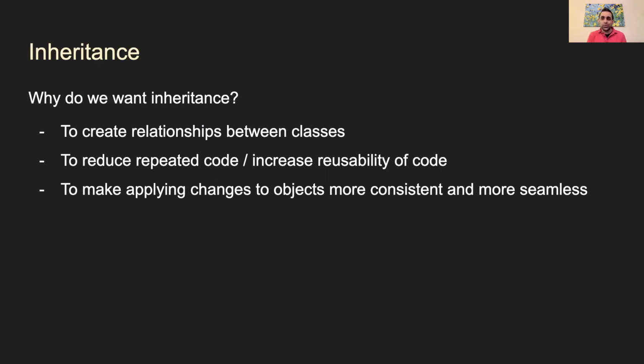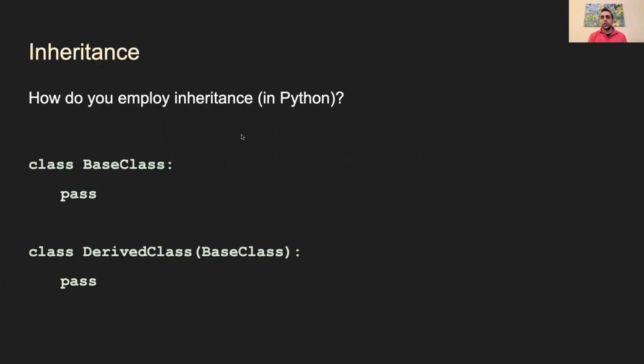So it reduces the maintenance and makes life a bit easier as a software developer. So those are just a few reasons why inheritance is quite useful for development purposes.